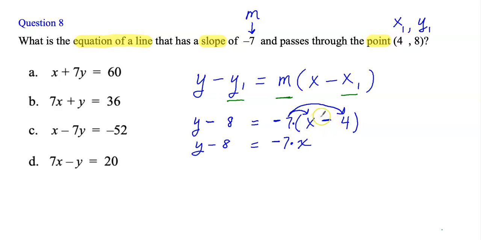I will bring down my minus sign. Then I will multiply the -7 with the 4. Let's keep going. Bring down your y minus 8 again. Bring this down. -7 times x is just -7x.